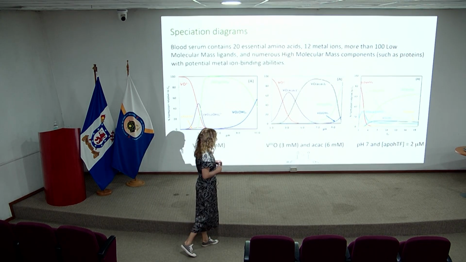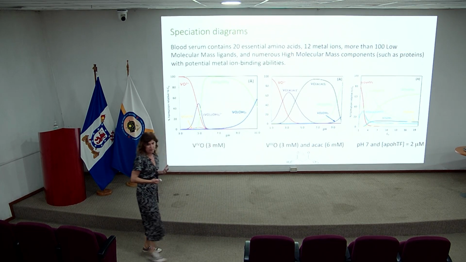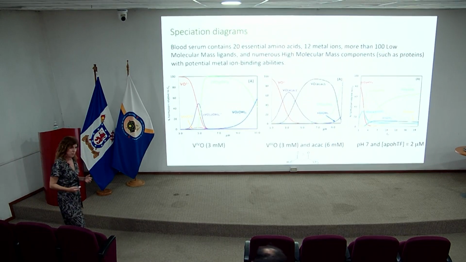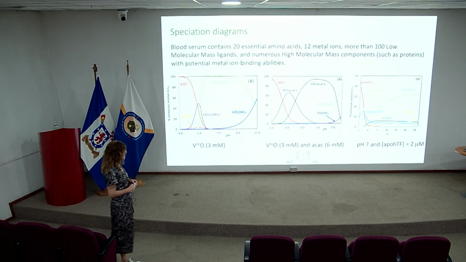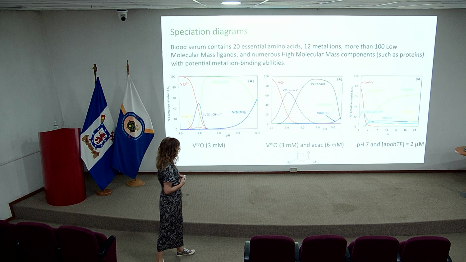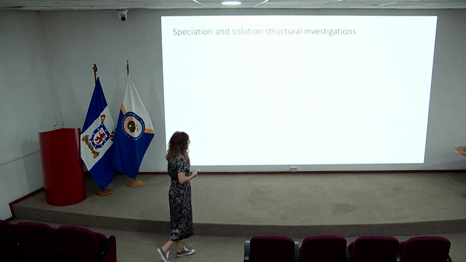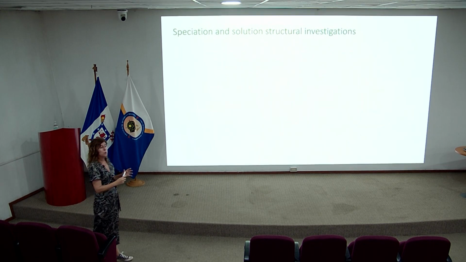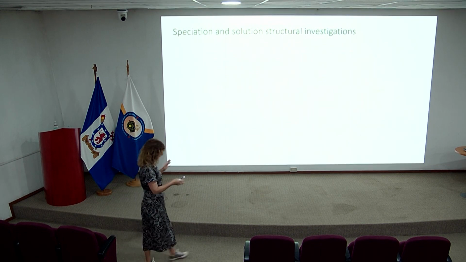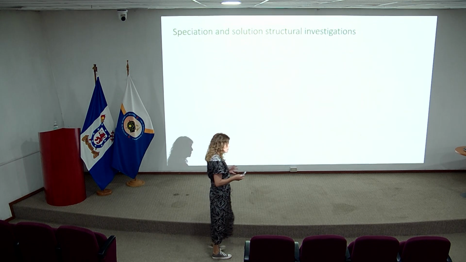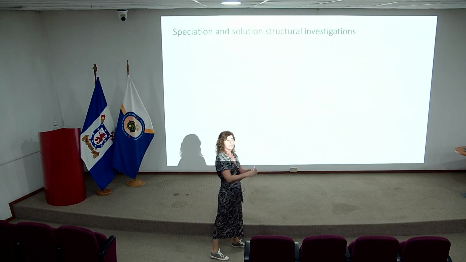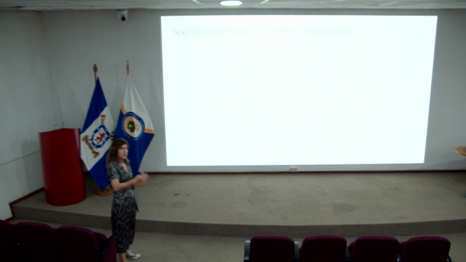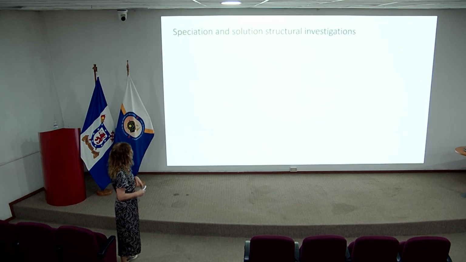So this is the type of studies which, I believe, are important to do because we need to understand the chemistry of the system in aqueous media and the interaction with biological systems. Of course, these speciation diagrams can be measured simply by mixing a metal and a ligand, changing the pH, and measuring the potential. Okay?